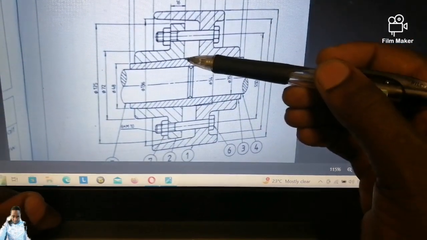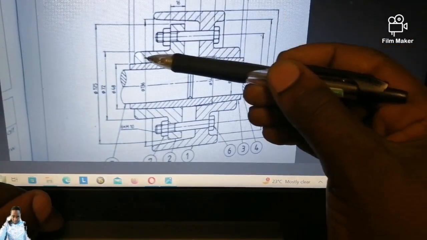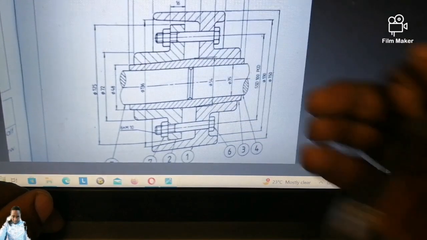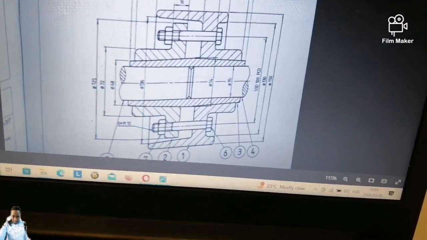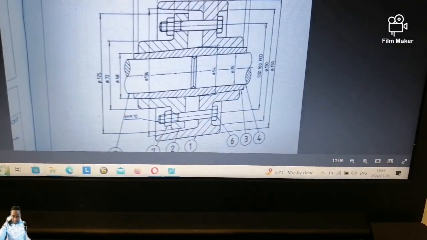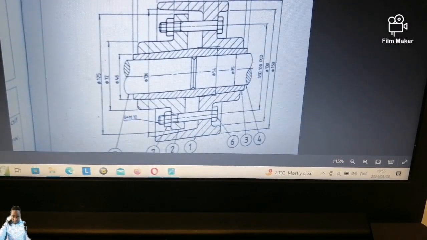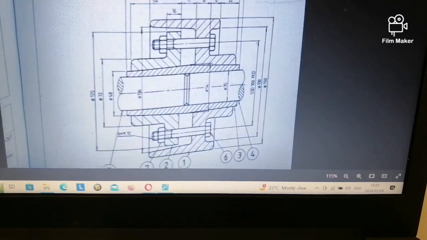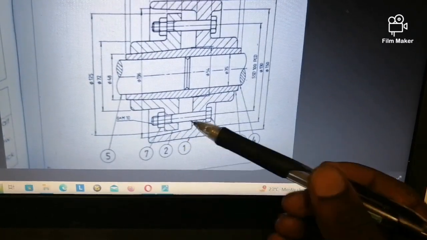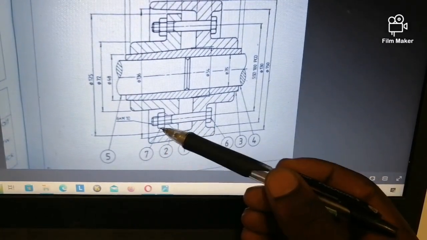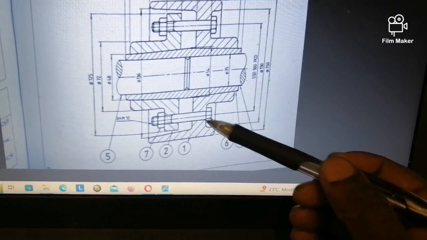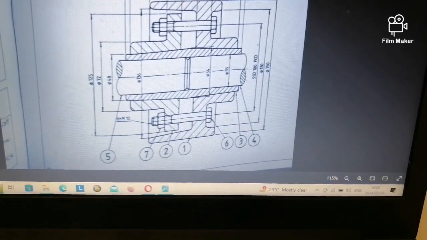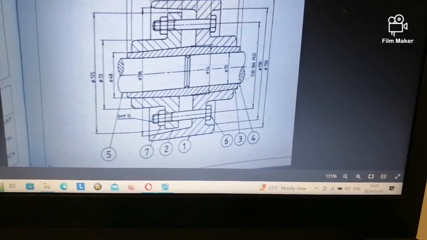That is why this one becomes hidden, because it's going to be hidden by this surface, you understand. So now we can claim to say we are done with item 2, because this one is item 7, which is the nut. This one is item 6, which is the bolt. It's not part of what we are doing here.